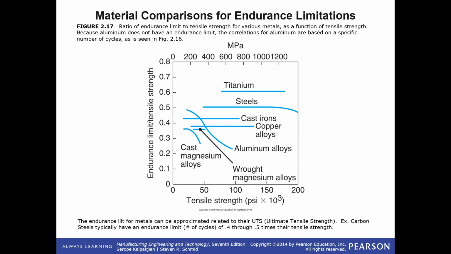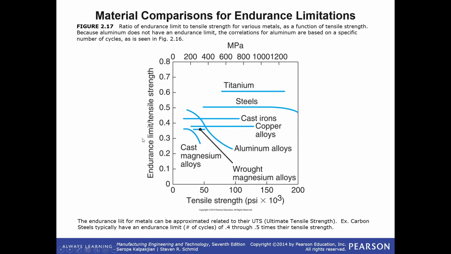Just a simple enough chart for showing a comparison for endurance limitations. So again, you've got your tensile strength, how much tensile strength you're holding on that part, and your endurance limit here. And they just have two. This is metric up here, and this is English. They're both tensile strength. This one here is just the endurance limit over tensile strength.